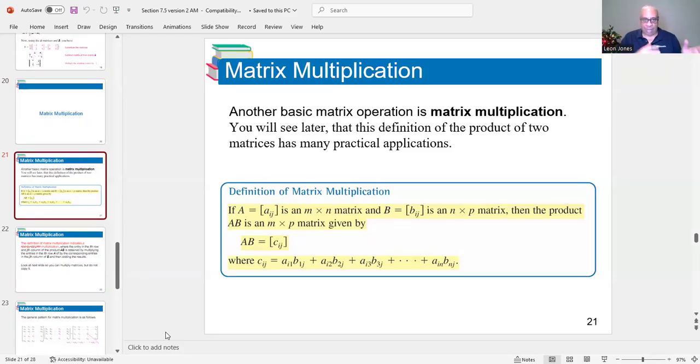So if A equals lowercase a_ij and is an m times n matrix, and B equals lowercase b_ij is an n times p matrix, then the product AB is an m times p matrix given by AB equals lowercase c_ij. And here's the definition right here.